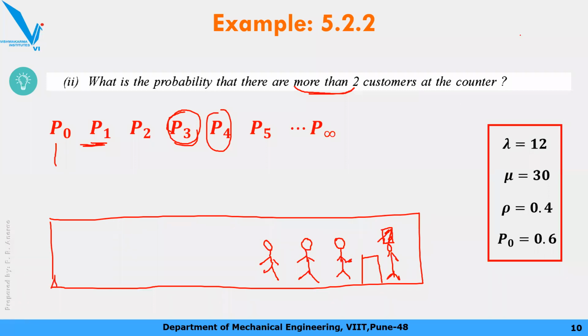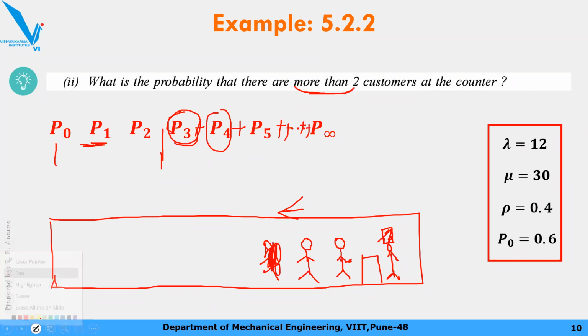Now see, Mallari got the point here. We need to calculate the probability of having more than two customers. P2 means there are two customers in the system. We need to find the probability of more than that: probability of three customers plus four customers plus P5 plus P6 plus P7, up to P infinity.